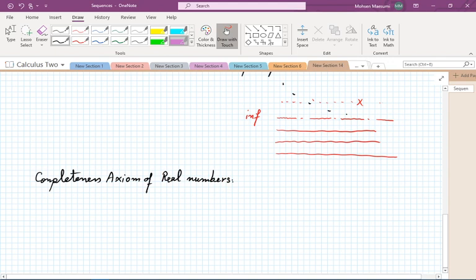And it says essentially the following, that if you have a non-empty set of numbers, and this has an upper bound, then it has the lowest upper bound, or the least upper bound.